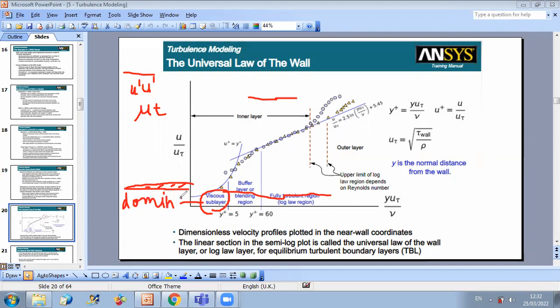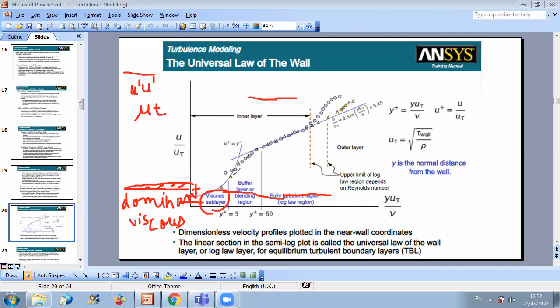From fluids, you know that near the wall we have the no-slip condition, and then we force the flow to have a zero velocity if the wall is fixed. And then due to viscous effect, we have a transition from zero velocity to larger velocity. Now, as we go far away from the wall, the viscous effect will be reduced.